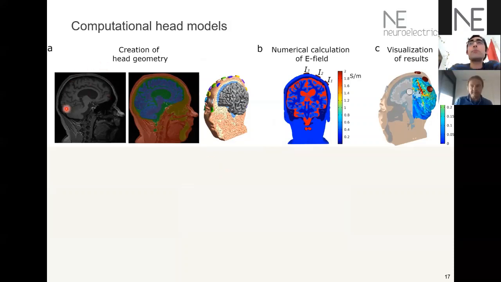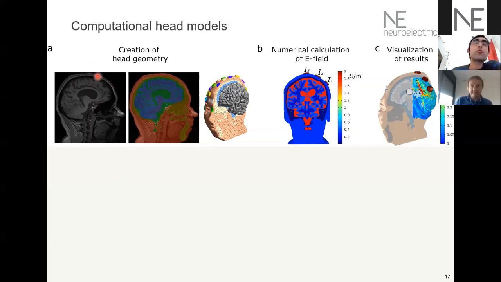MRIs of the brain are usually a good candidate for that structural information, because they have very good spatial resolution, very good contrast for the soft tissues that we're interested in here, and they don't use ionizing radiation, unlike CT.